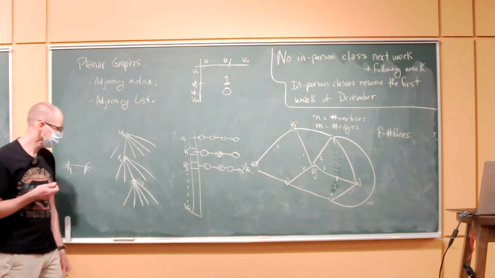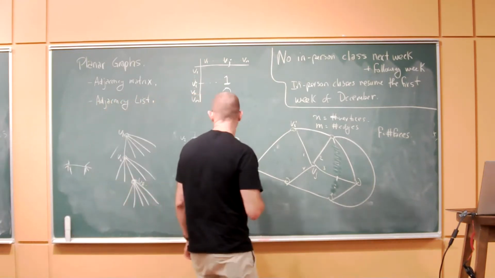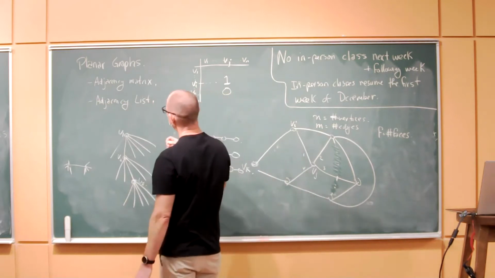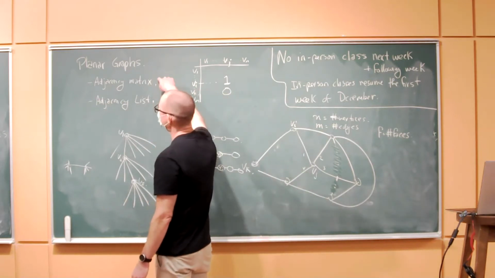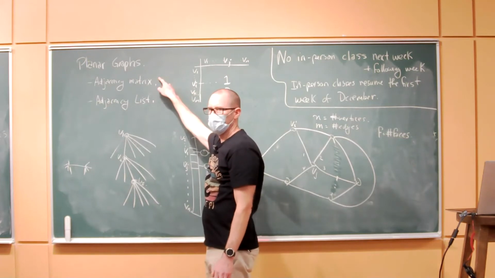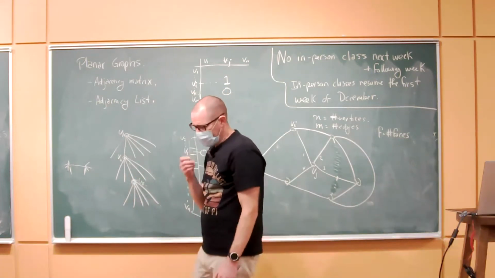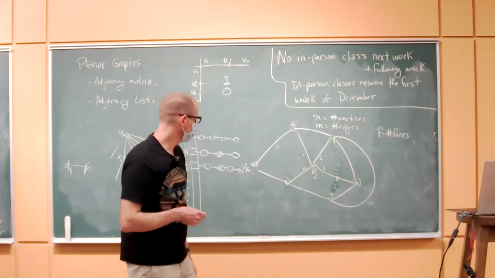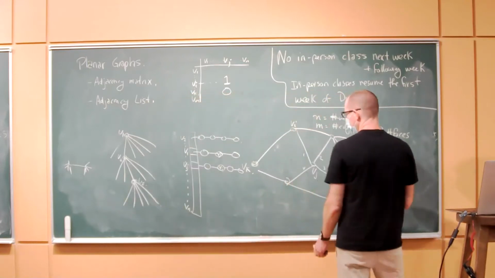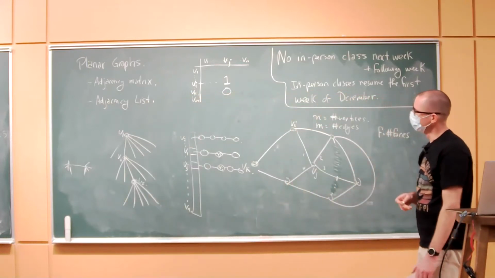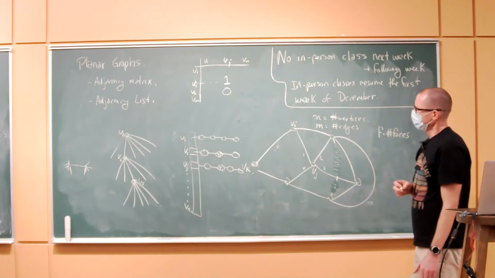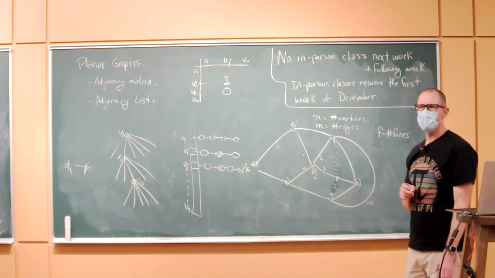Not good. So, good for space, bad for adjacency testing, bad for space, good for adjacency testing. And so this is sort of an easy warm-up problem for today. Is there some representation that's good for space and good for adjacency testing?